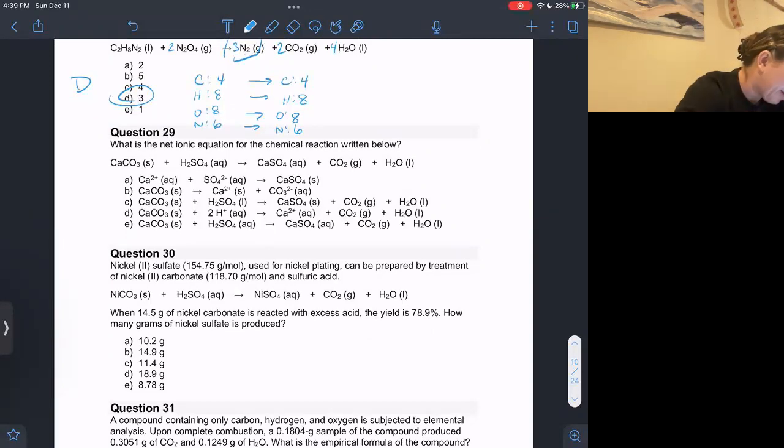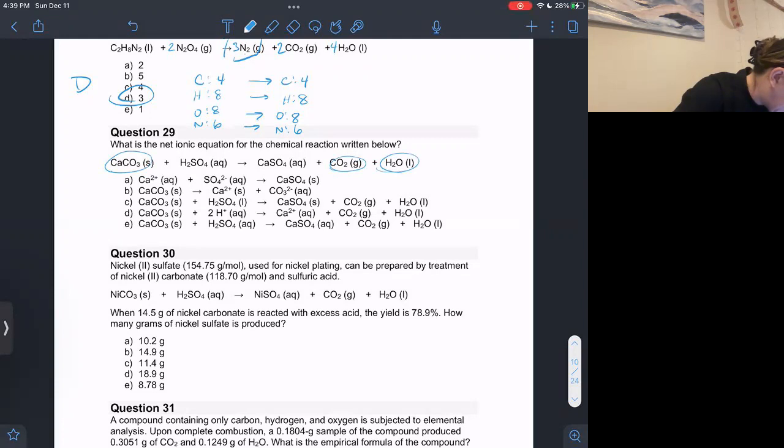What is the net ionic equation for the chemical reaction written below? Okay, so when I look at the chemical equation, I know that for the net ionic equation, I can't break up the solids, gases, and liquids. So I must see this guy and this guy in my net ionic equation.